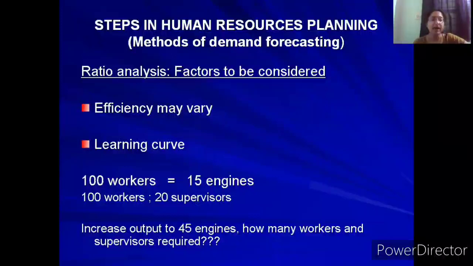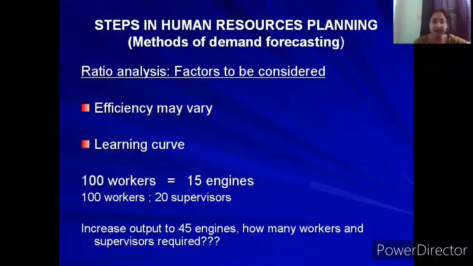So an employee who has been able to produce 10 units of products all this while for the past 1 year, if he continues to work on the same project for the next 2 or 3 years, rather than producing just 10 units, because of his improvement in that work, he'll be able to produce 20 or 30 units of the products. So based on this learning curve and improvement in efficiency also, our demand forecasting has to be done.